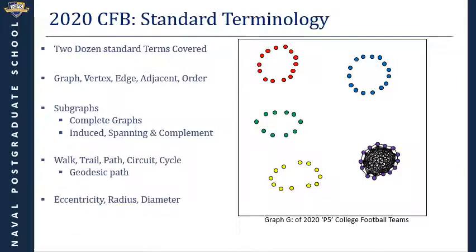Let's begin by defining 24 of the most important terms we will encounter. The graph G is defined by two non-empty related sets of vertices and edges. Each vertex or node on the graph represents an object, in our case a specific football team.